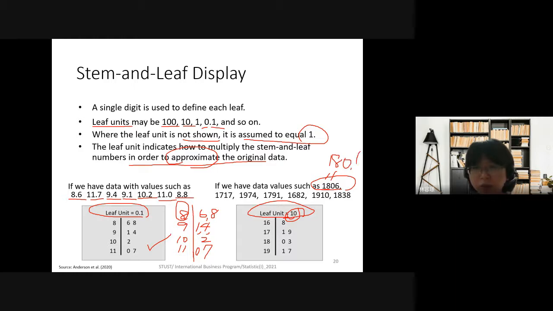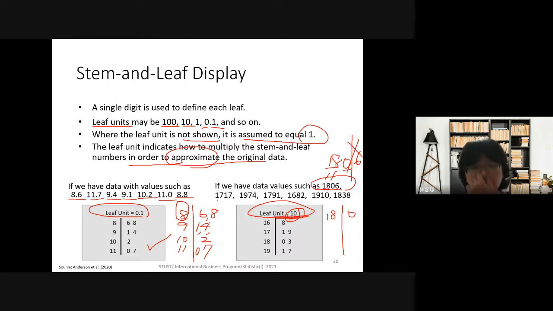If 1806 is divided by 10, it would be 180.6. But today your leaf unit is 10, so we will not see a number less than our unit. So what we need to do is write down 18 and 0.